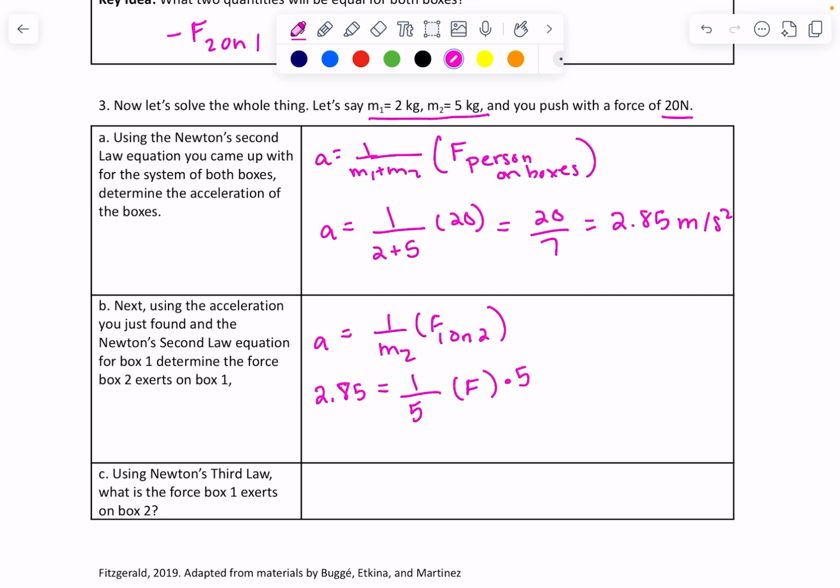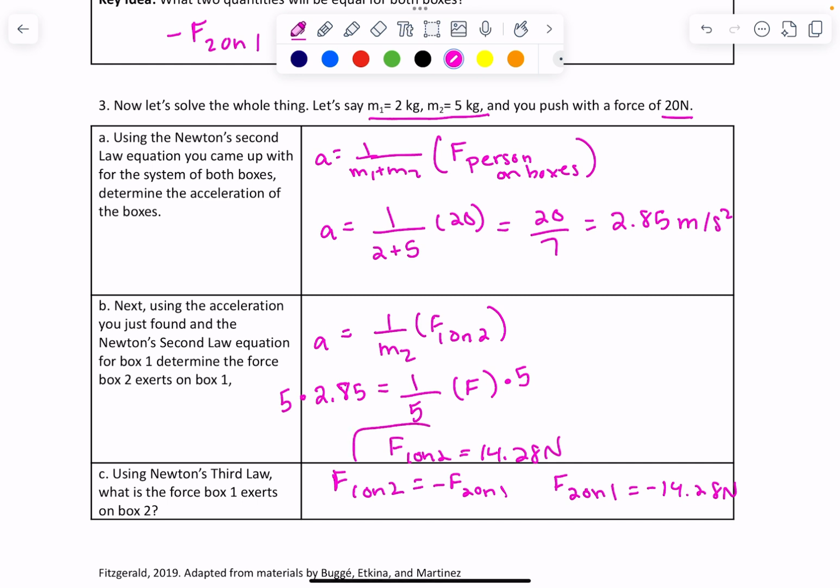I'm going to multiply both sides by 5, and I get my force of 1 on 2 is going to be equal to 5 times 2.85, which is 14.28. Okay. And since we know force 1 on 2 is equal to negative force 2 on 1, that means that force 2 on 1 has to be negative 14.28, and that should be in newtons. Okay, so that's my final answer.